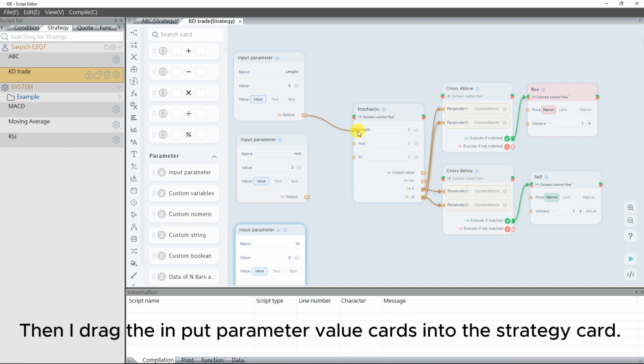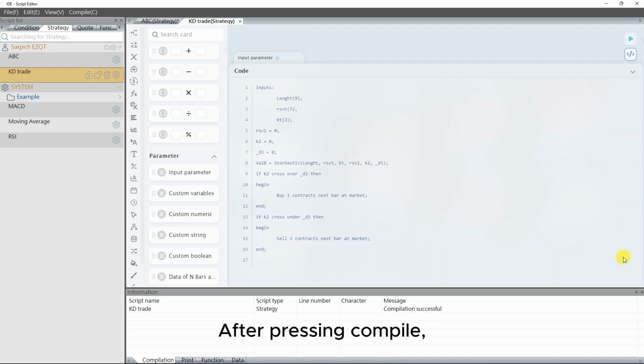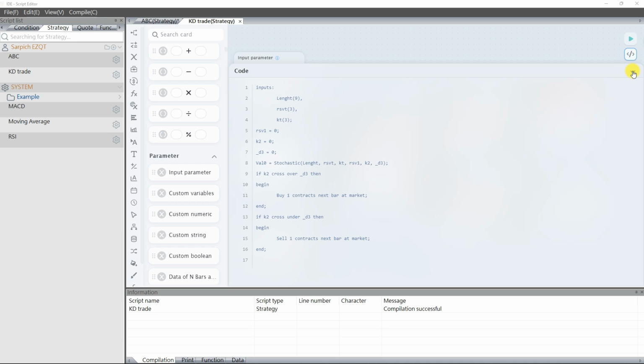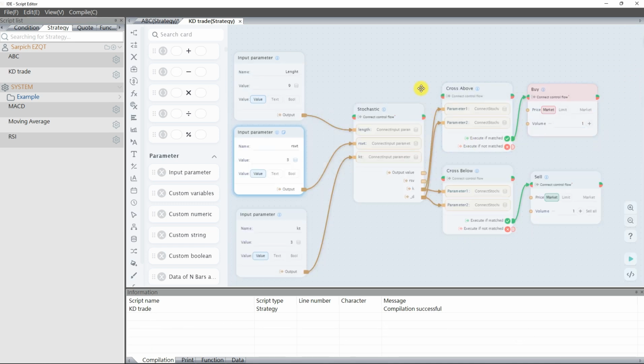Then I drag the input parameter value cards into the strategy card. After pressing compile, the corresponding program code will appear. That is a complete simple condition of a buying and selling strategy.